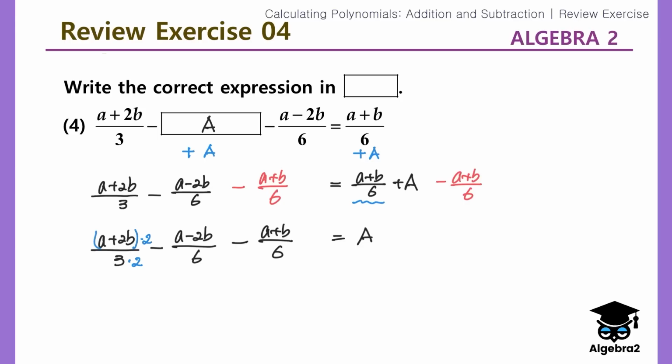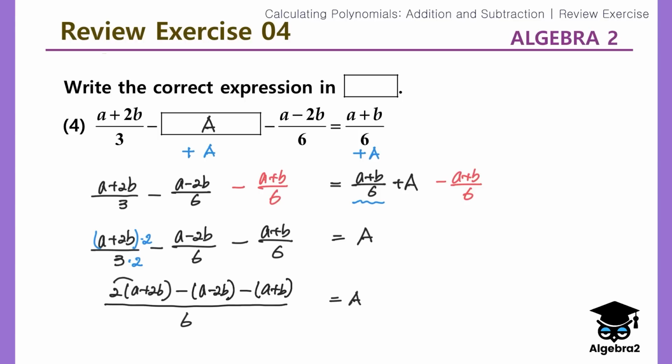So let's see, we have the common denominator 6, and we have 2 times (a + 2b) minus, parentheses, remember this minus applies to this a and this negative 2b. So minus (a - 2b), again minus parentheses (a + b), and that expression is equal to a.